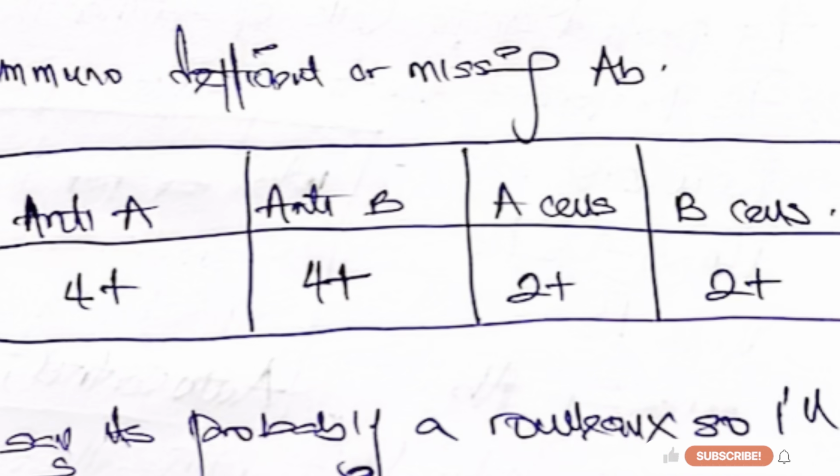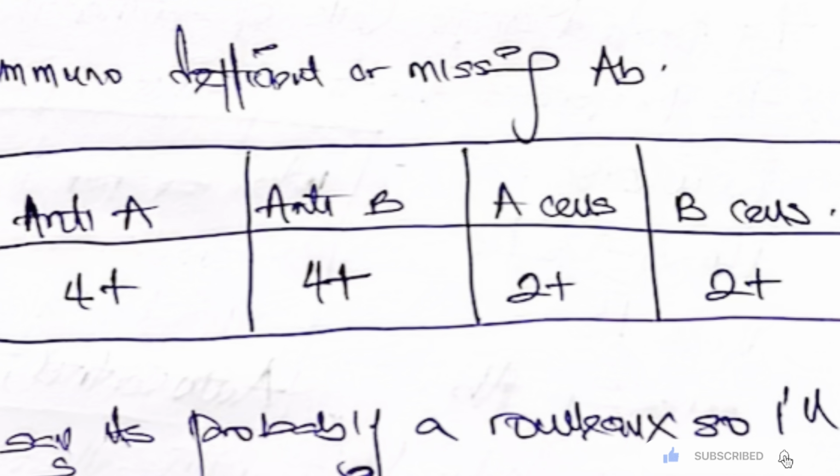Question 4 says anti-A1 has 4+ reaction, anti-B 4+ reaction, A cells 2+ reaction, B cells 2+ reaction. So if we look at this case, we can see that the forward grouping seems not to have a problem. The reaction is complete on both sides. So maybe this person is actually an AB individual.